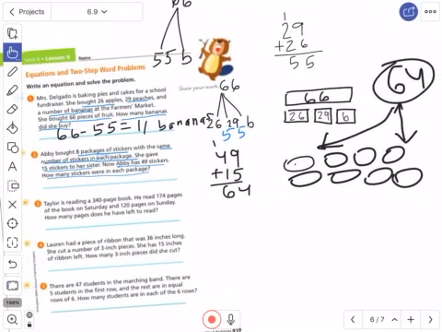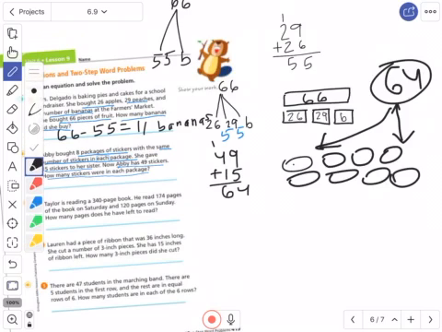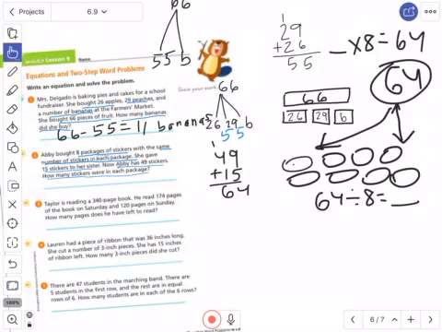Now I could do dot by dot by dot, but I could also just think, she has 8 packages, so 64 divided by 8 equals something. I also like to think of it as something times 8 equals 64, because that helps me with division.